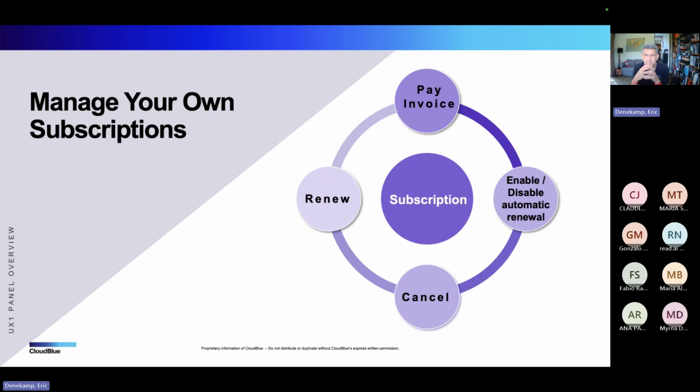That's one of the reasons why, for instance, a service and a service plan created in Product Lifecycle Manager is not sellable through the classic panel. Why not? Because UX1 has all the interlocks and the data interchanges between all the modules in it because it's based on Kubernetes.